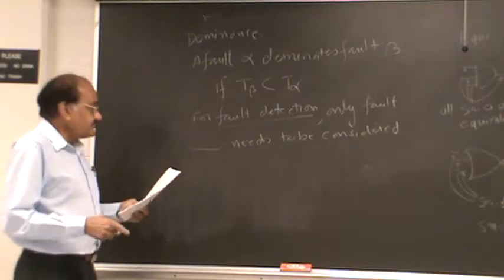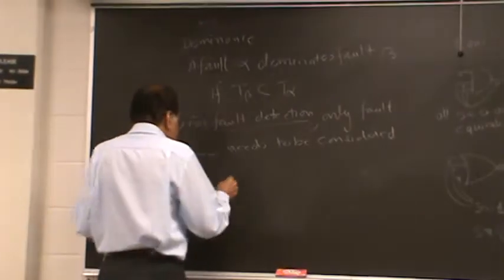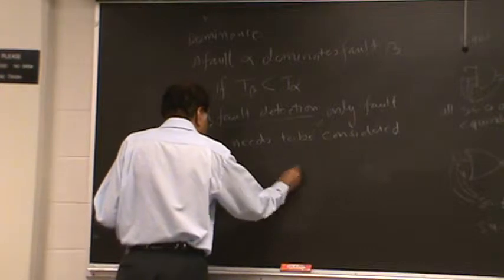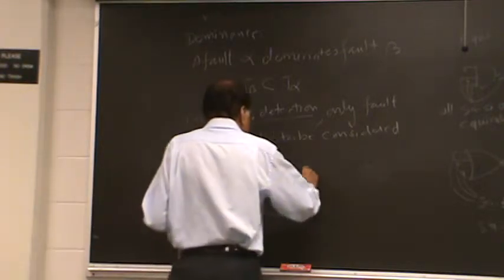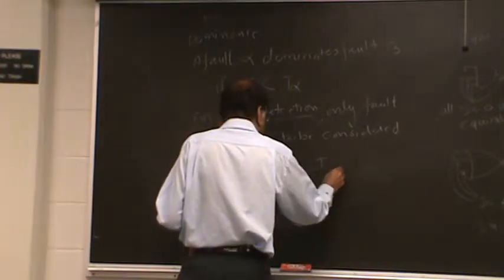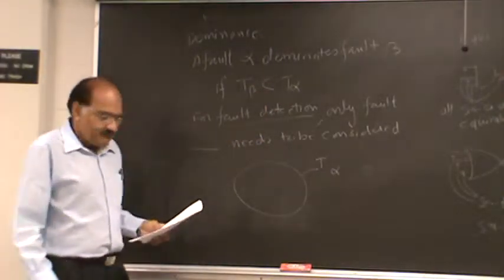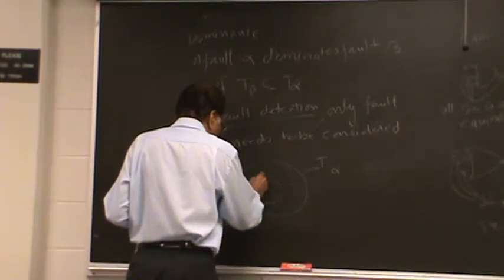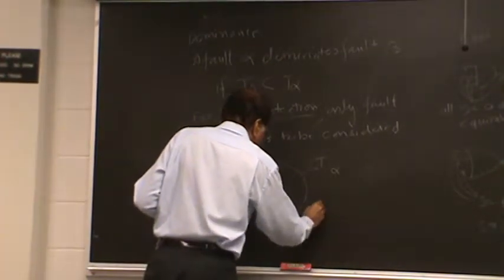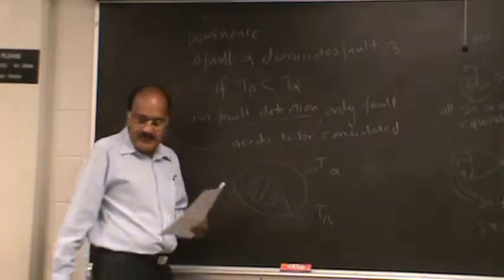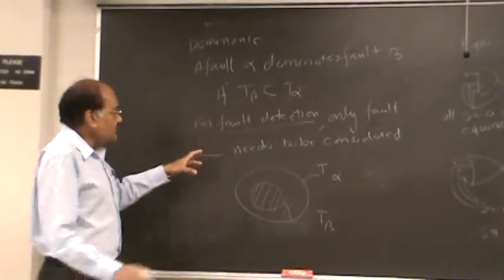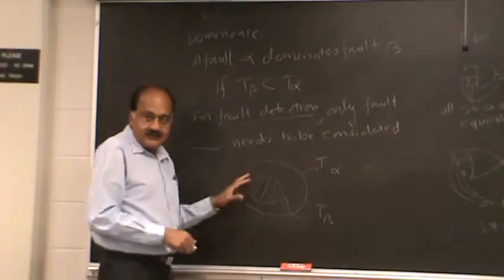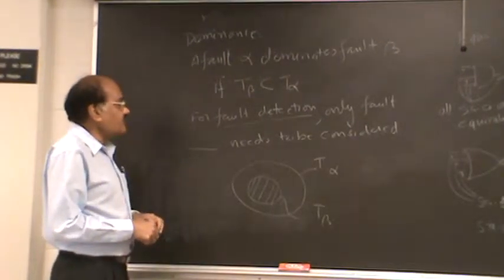Okay, let's consider this. Set of tests for fault alpha. Set of tests for fault beta, right? So set of tests for fault beta is a subset, right? So here we can say alpha dominates fault beta.